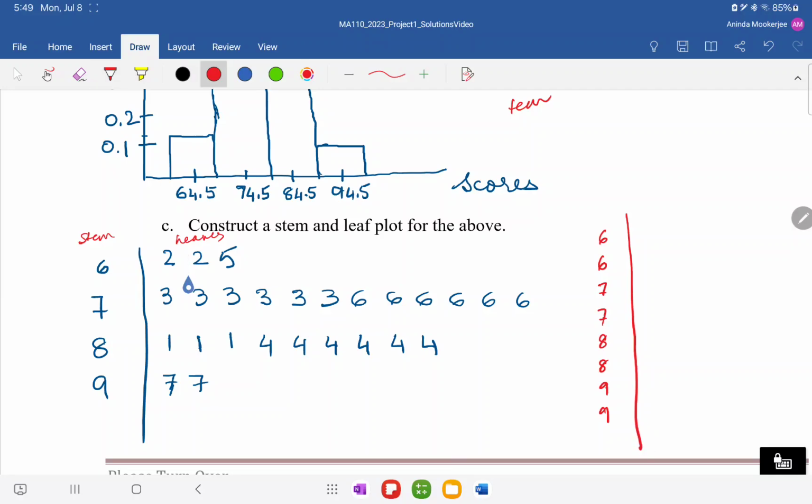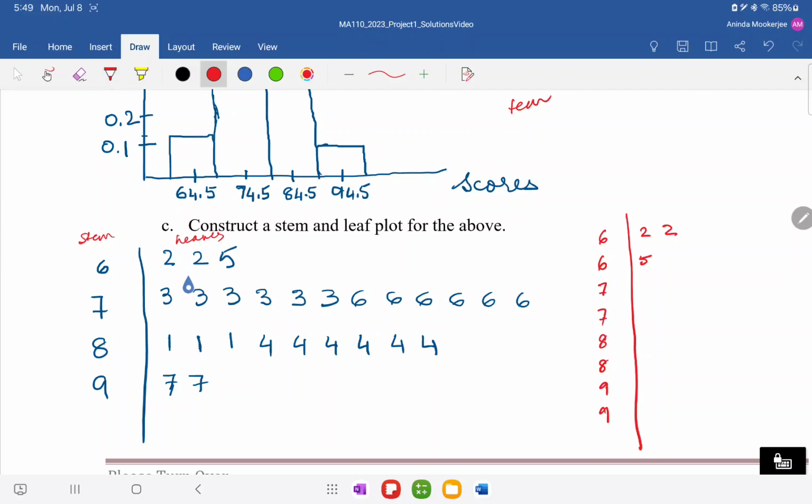So use 2 rows per stem. Anything between 0 and 4 for the leaf goes in the first row for that stem, and if it's 5 or greater, then it goes in the second row.